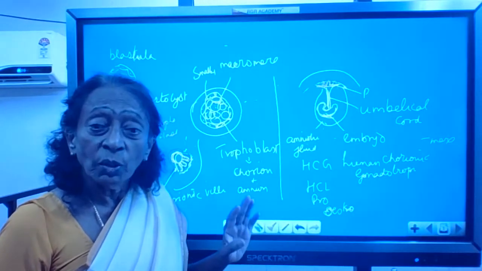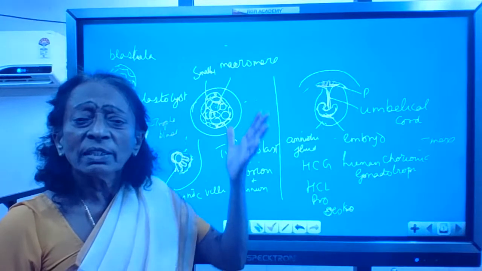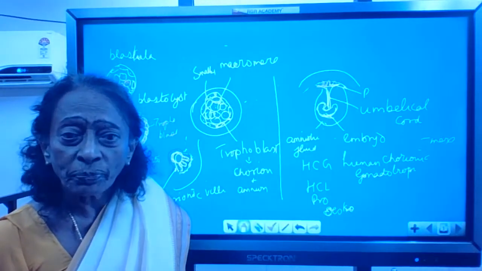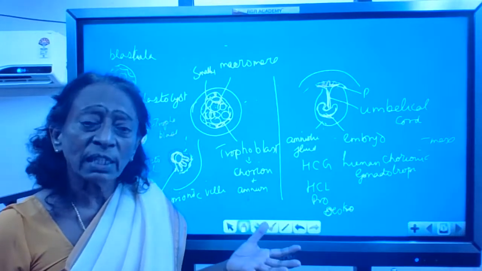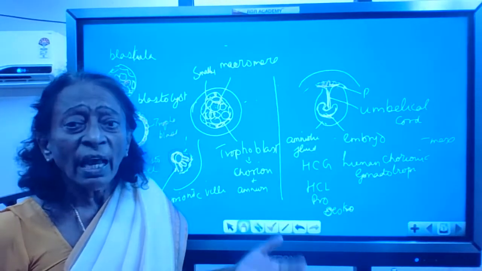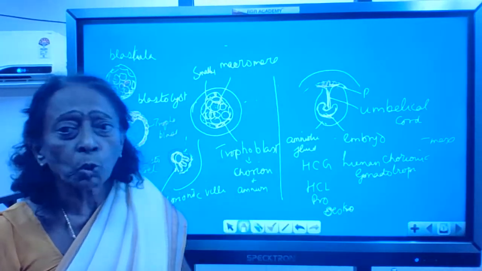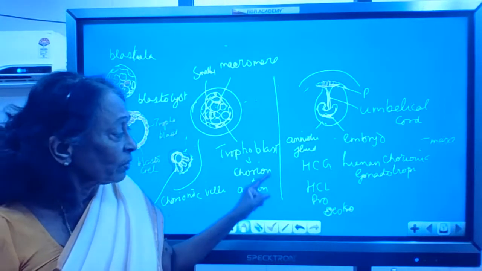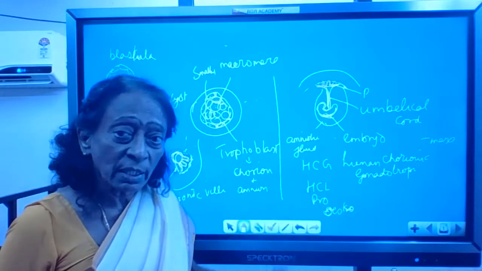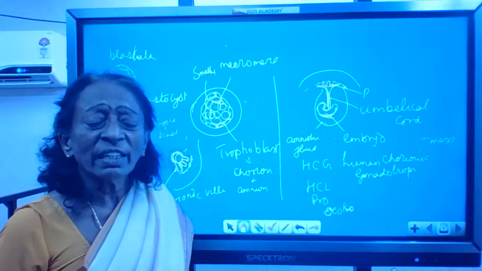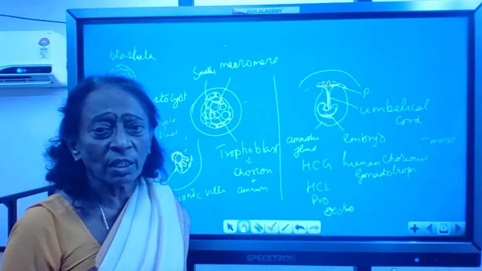In male specimens, there is a descent of the testis to the scrotum. The HCG stimulates the interstitial cells of the testis to produce androgen and helps in the descent of the testis to the scrotum. So human chorionic gonadotropin helps in the maintenance of pregnancy, acting like pituitary luteinizing hormone.